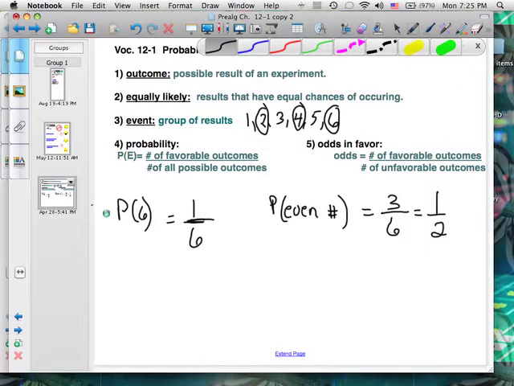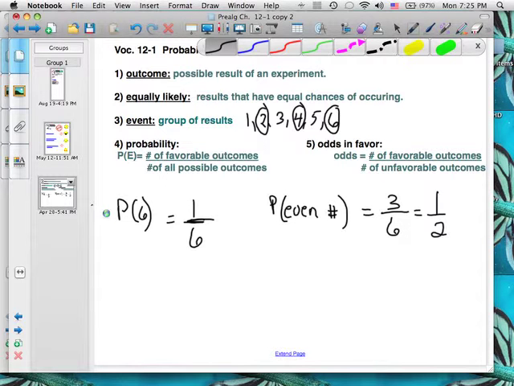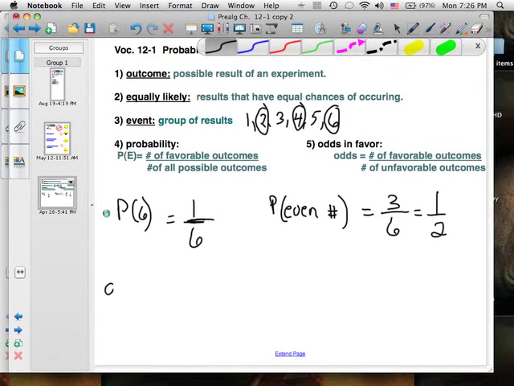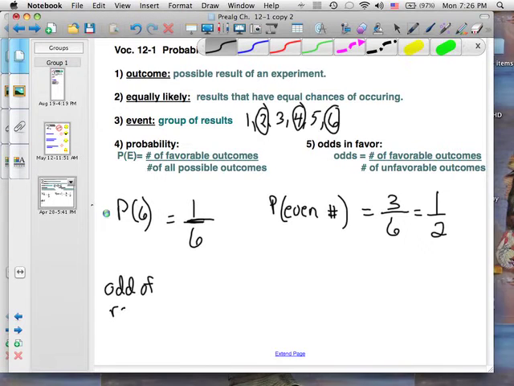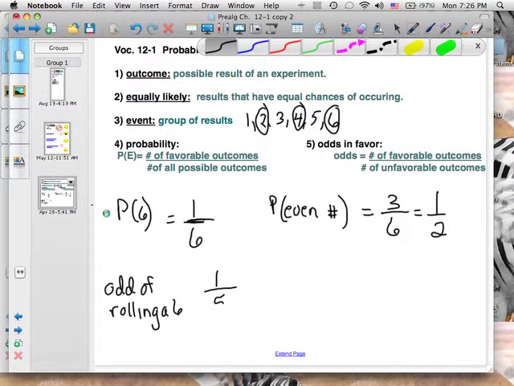Odds are the number of favorable outcomes over the number of unfavorable outcomes. So the odds of rolling a 6 would be 1 to 5.